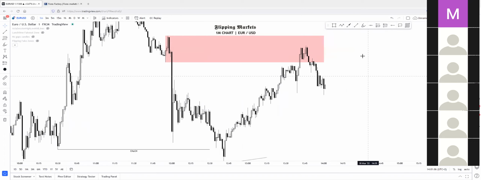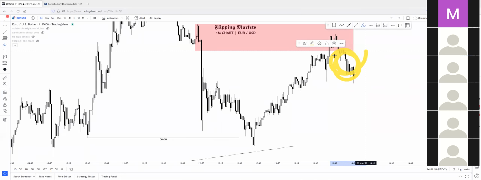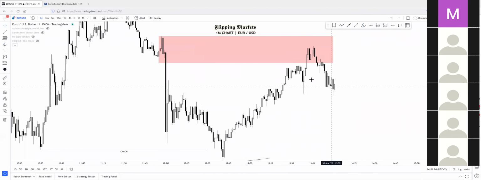The 1-minute change of character has happened, but inside of the lunchtime zone. These zones are lunchtime zones, and we are waiting for a new New York zone. If price creates a change of character at this moment from, for example, this zone, that will be a good confirmation. But these zones are lunchtime zones. As you can see, let me just show you, these are red zones. So you mean to tell me, Marcel, that even the charts and everything else is going to be fake in this lunchtime zone, not just the zones?